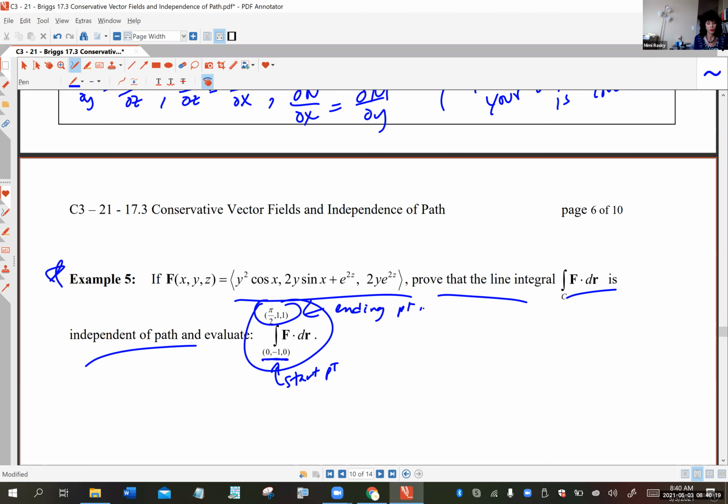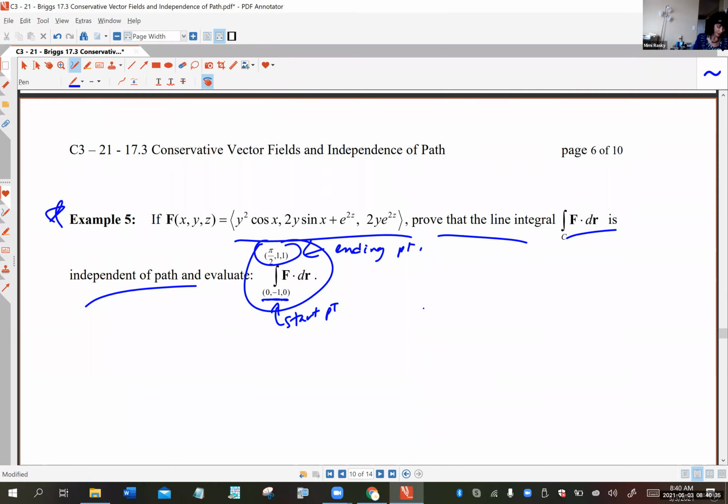Will we have to parameterize anything? No. We're just going to use the fundamental theorem of line integrals. Now, we do have to go get that potential function, and that's going to involve a little bit of work. But once we do, I think it's less work than parameterizing. Okay.